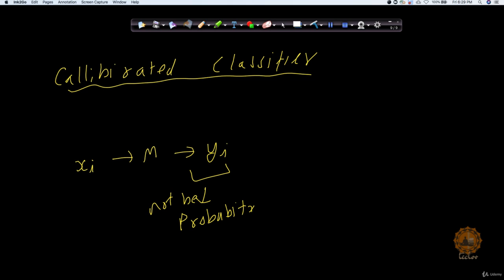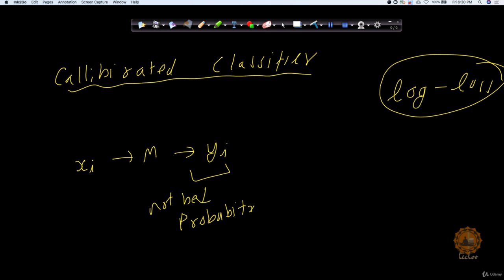For example, when your final output is required in terms of log loss. Log loss definitely needs probability. Log loss is a complete concept based on probability theory. So in this case, what should we do? We build on top of it with a classifier called a calibrated classifier.